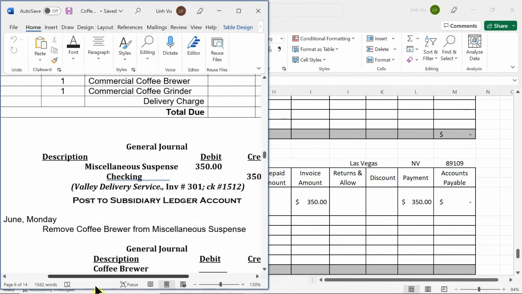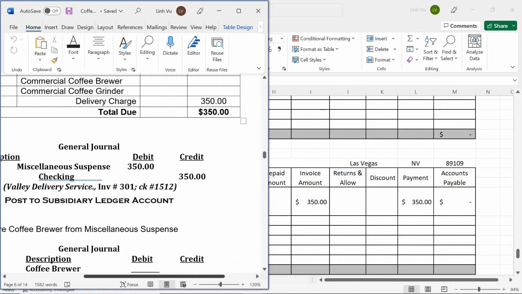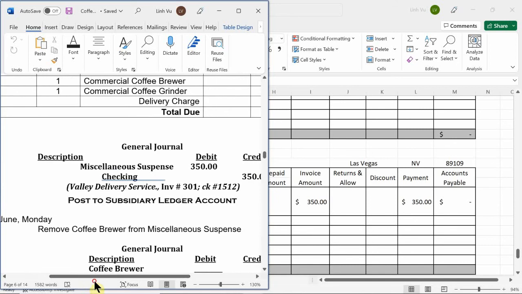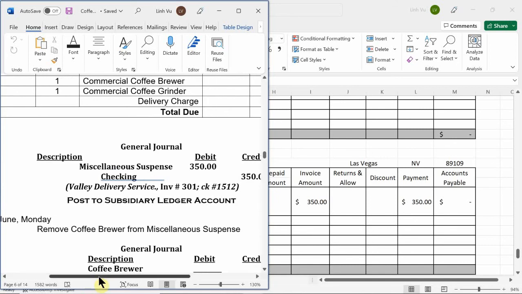I want you to remove the coffee brewer from the miscellaneous suspense account because the coffee brewer is already ready to go. It's the coffee grinder that I need to do a reinforcement foundation and the electrical wiring for, right? Because I already have a socket for the coffee brewer, okay? So in this case, I want you to remove the coffee brewer out from your miscellaneous suspense.